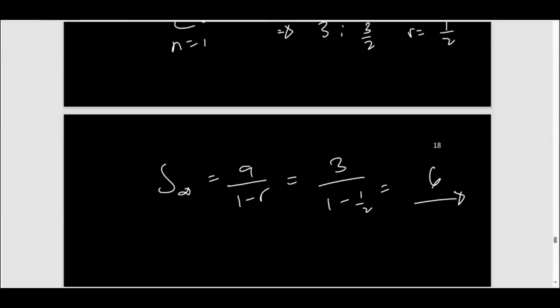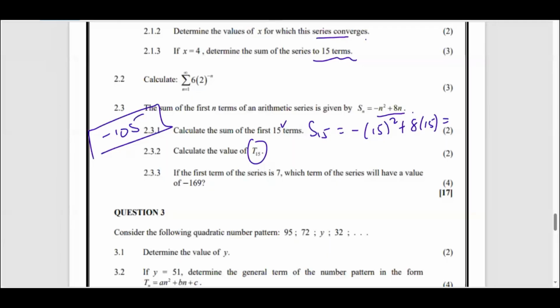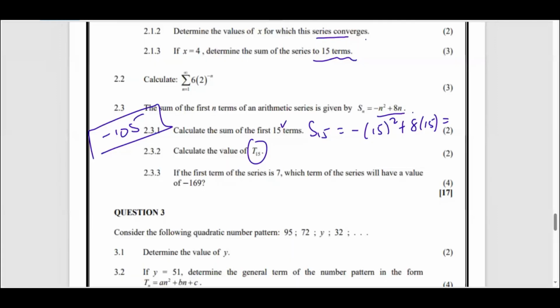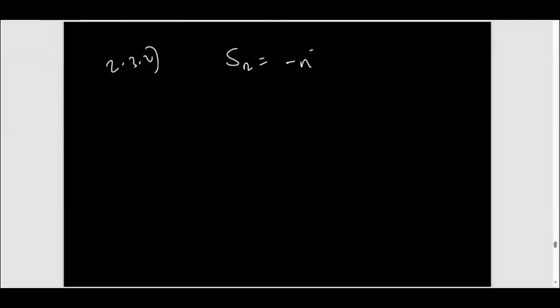Now, what we need to know is that this is 2.3.2. If we have the formula of the sum, which is given as negative n squared plus 8n, for me to get the terms themselves, I'll need to use the consecutive sums.